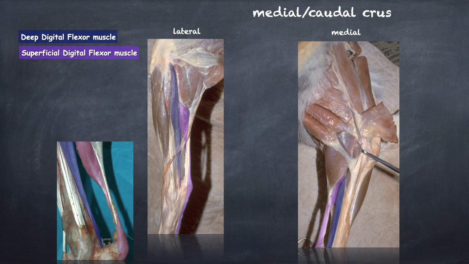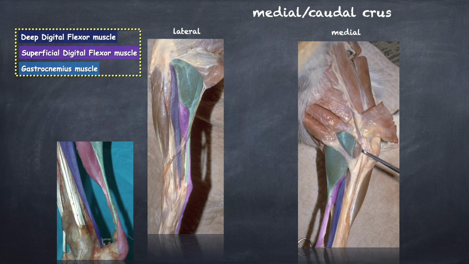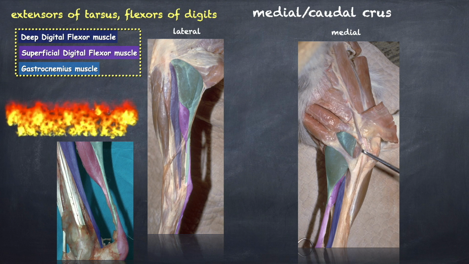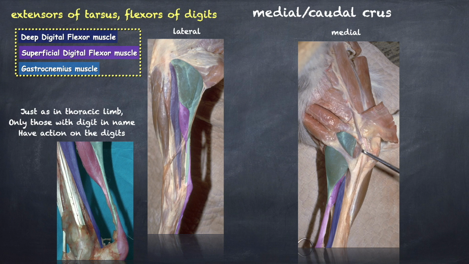We have a deep, we have to have a superficial. And then this large guy here who has two bellies, that is the gastrocnemius. Okay, so these guys are going to have what common action? They're going to extend the tarsus, except for the gastrocnemius, they will also flex the digits. Just as I said, has to have digit in the name if it's going to act on the digits.